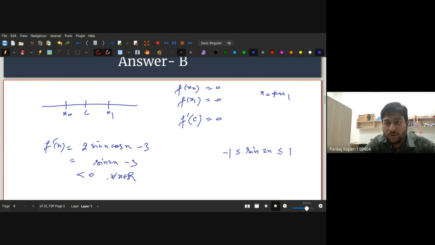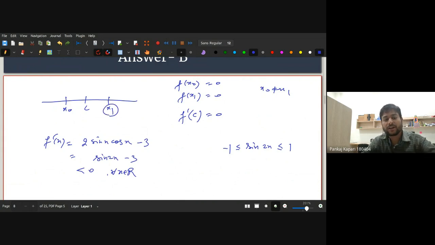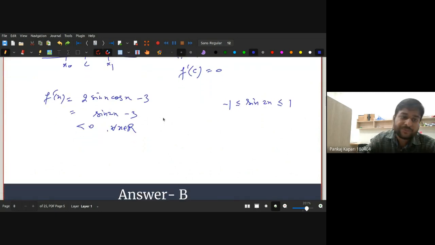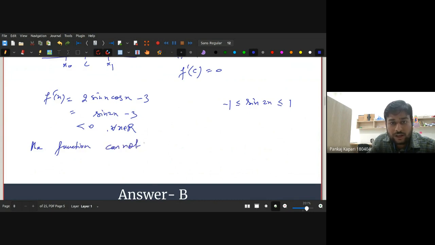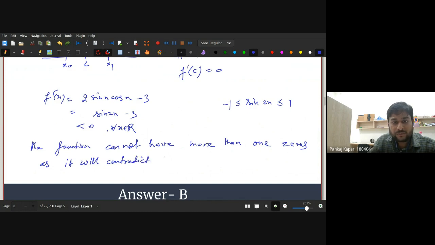Because it cannot become 0, we cannot find such a point x1, because if another 0 is there, then it will contradict Rolle's theorem. So this we can write: the function f cannot have more than one zero, as it will contradict Rolle's theorem.